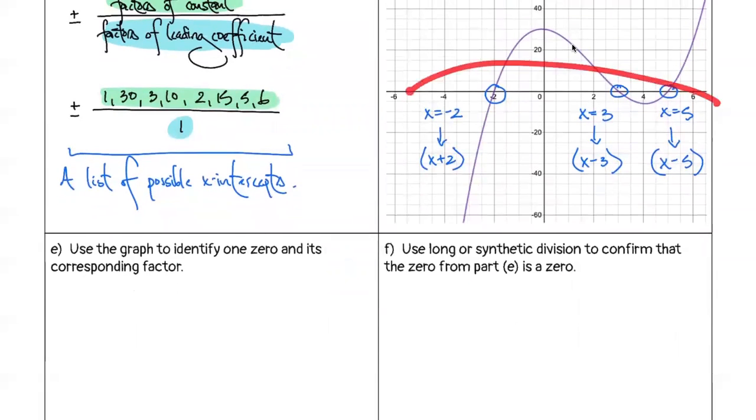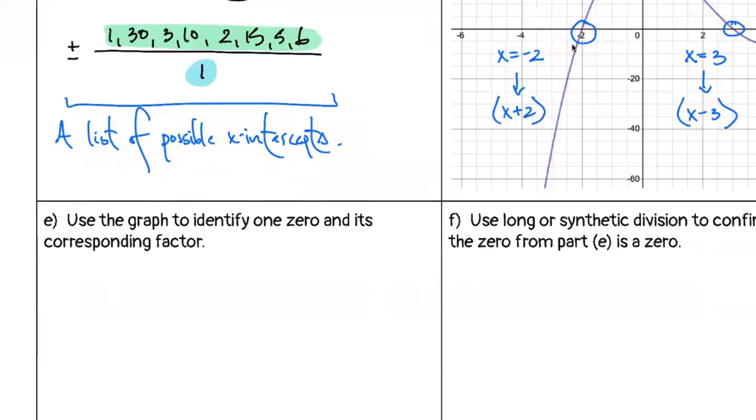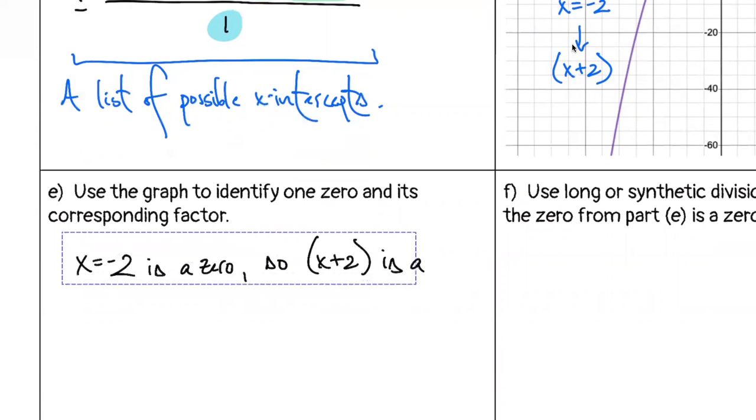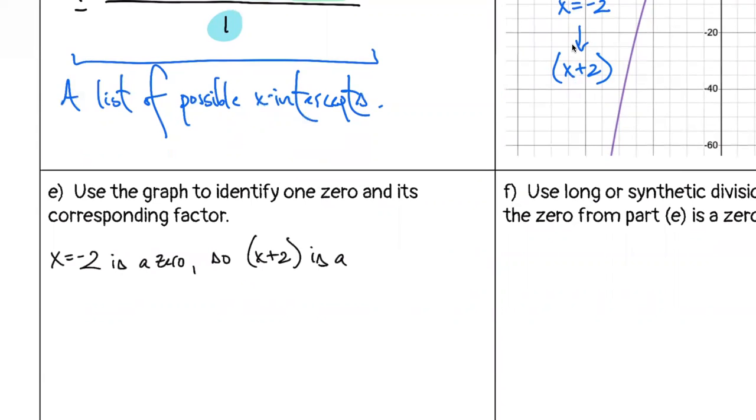So if we were to choose our favorite one out of here, it doesn't really matter. Maybe let's choose x equals -2, okay? And so I'm going to use this graph and I'm going to say that x equals -2 is a 0.